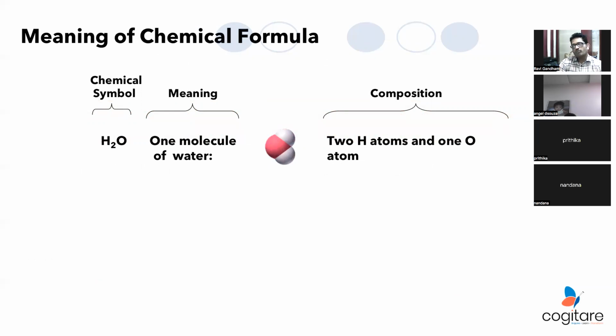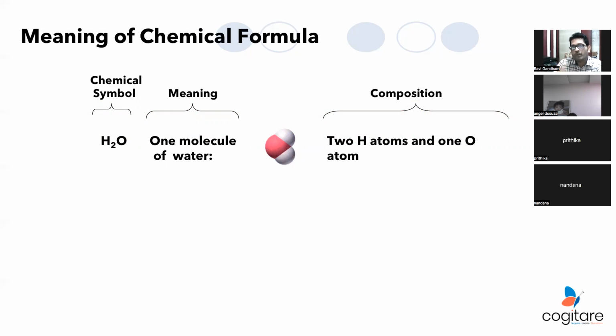Before getting into the formulas, guys, you'll have to clearly understand what a chemical formula is. So we have taken the molecule that is widely used by us. Let's talk about water. When you take one molecule of water, how do you read this?